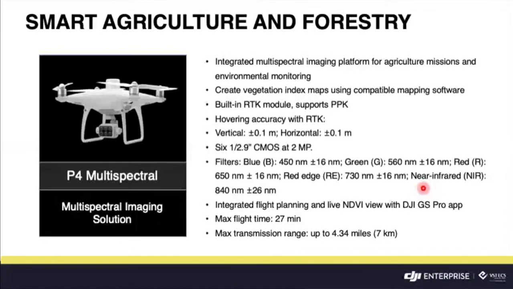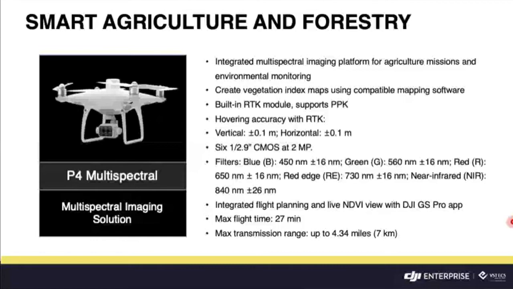These gather precise plant level data using the Phantom 4 Multispectral, which is a high precision drone with a seamlessly integrated multispectral imaging system built for agricultural missions, environmental monitoring, and more. The P4 Multispectral consolidates the process of capturing data that gives insights into crop health and vegetation management.